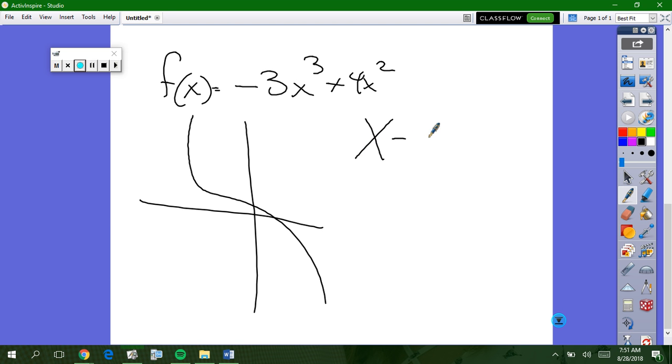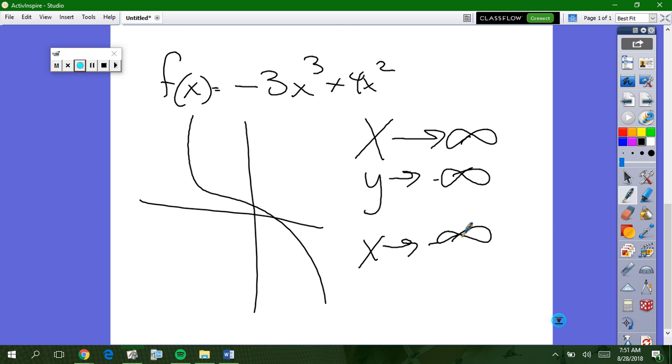As x goes to infinity, what is happening to my y value? It is going to negative infinity. As x is going to negative infinity, what is happening to my y value? It is going to infinity. Okay? So far, so good. Any questions there?